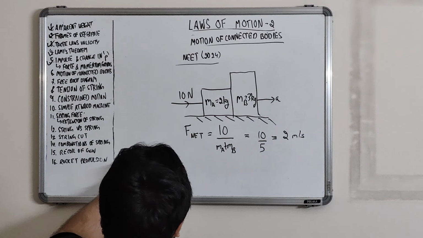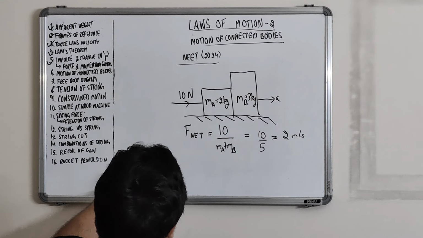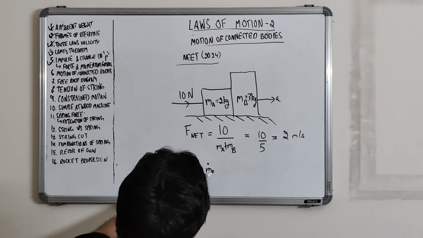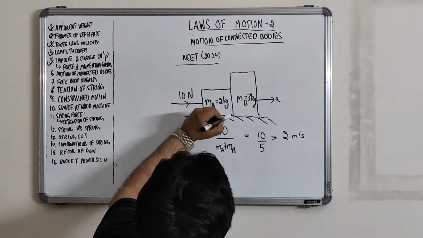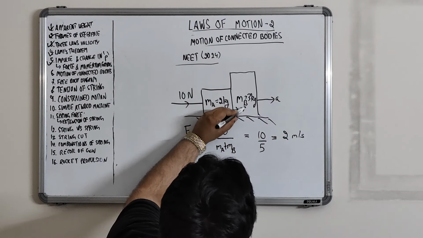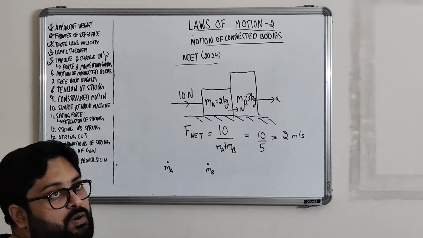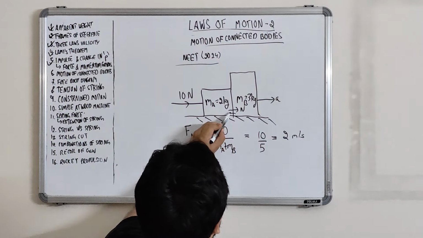Now let's make the diagram. MA and MB. MA is here. MA is applying a normal reaction on MB, and MB is applying that normal reaction back.